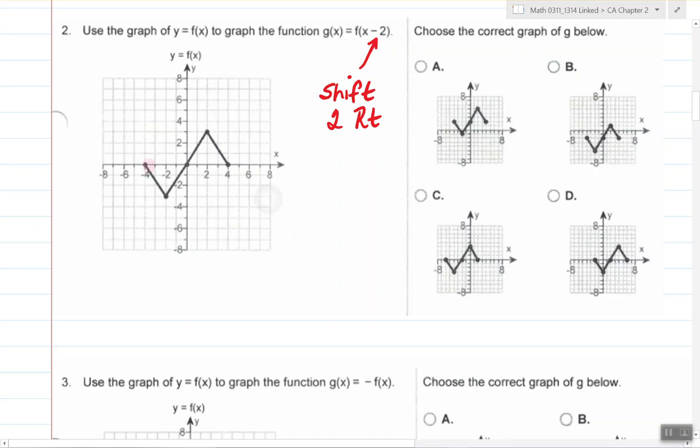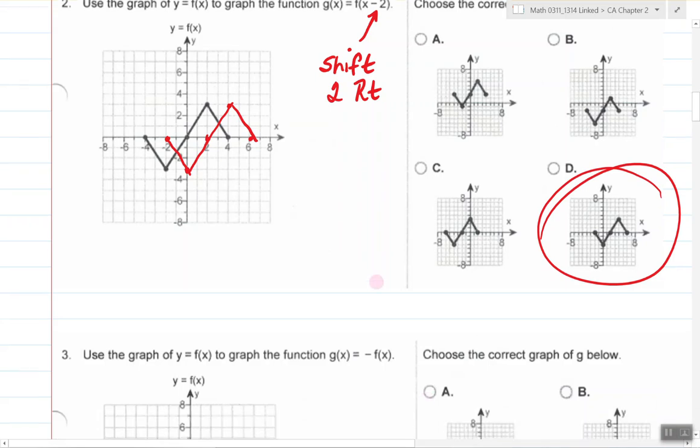So this point goes right 2, this point goes right 2, this point goes right 2, this one right 2, this one right 2, and the graph looks like this. All right, so I look around for one that looks like that, and I believe, again, it is choice D.